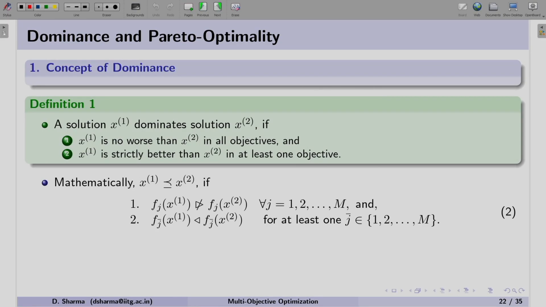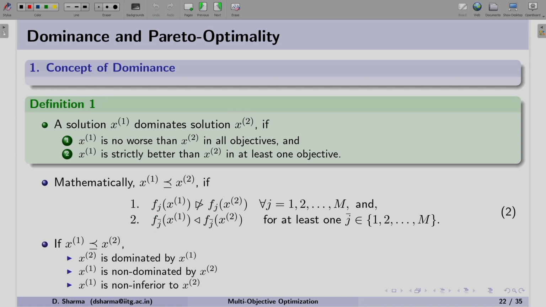If we write the concept of dominance in a mathematical form, we will see equation number 2 now. Mathematically, if we have to say x1 dominates x2, then the objective function of x1 should not be worse than the objective function of x2 for all the objectives, as well as for solution 1, at least one objective should be better than solution 2.